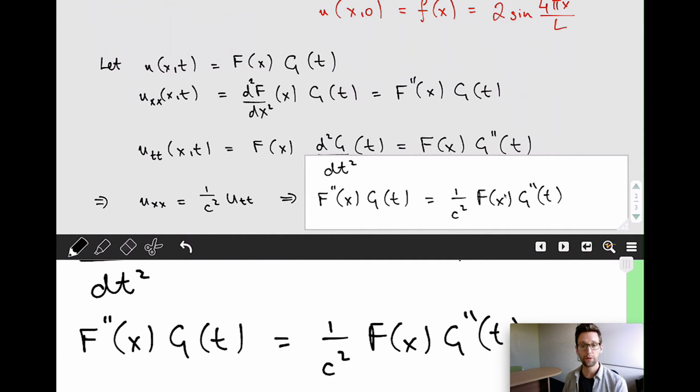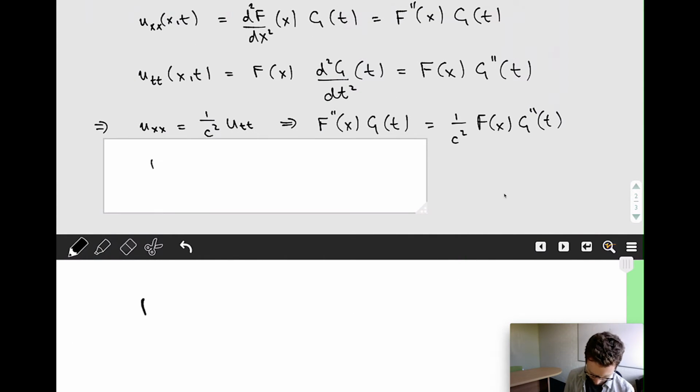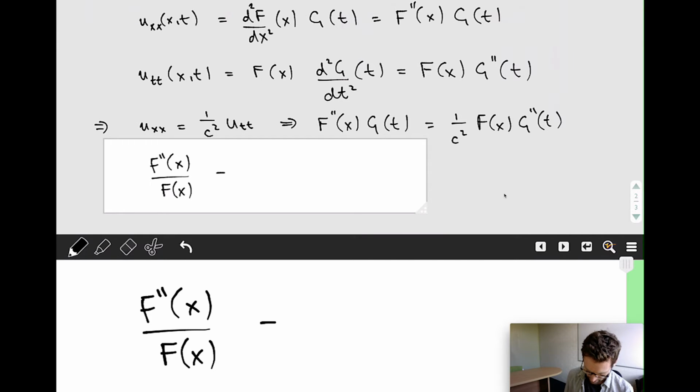Okay, now what I can do is separate this equation. I can bring all the terms involving x to the left-hand side and everything else to the right-hand side. So dividing by f of x on the left, and dividing by g of t on the right.